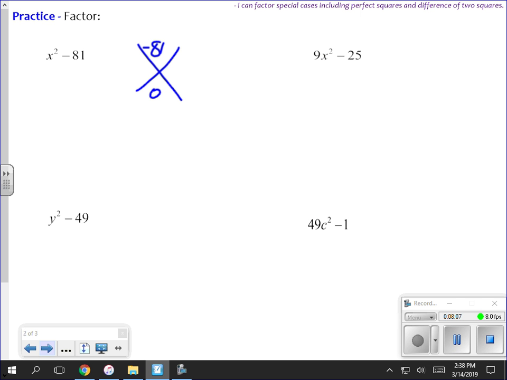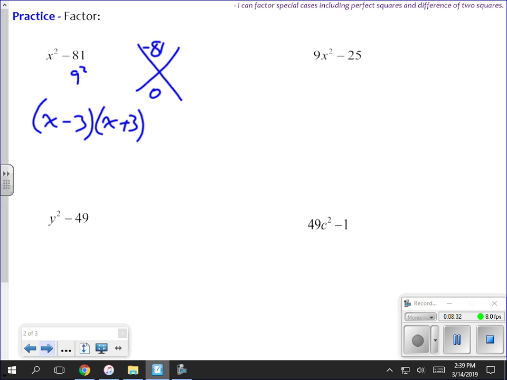But if you recognize this as, ooh, that's x squared and that's 9 squared, a square minus a square, that's the square root of the first minus the second one, square root of the first plus the square root of the second one. 3 squared gives me 9. X plus 3, x minus 3.